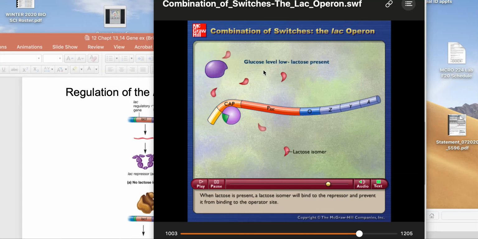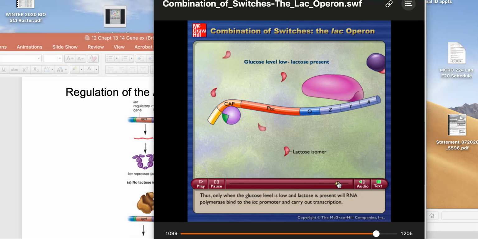So in this particular case, if glucose levels are low but lactose is present, then cyclic AMP and CAP can do their job. The lactose repressor gets knocked out by the lactose isomer that I showed you before, and then the polymerase can sit on its site and then transcribe the lactose operon utilization genes.